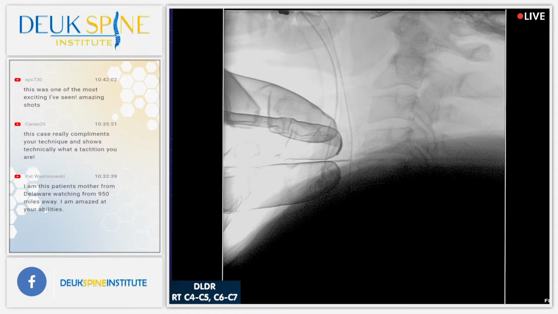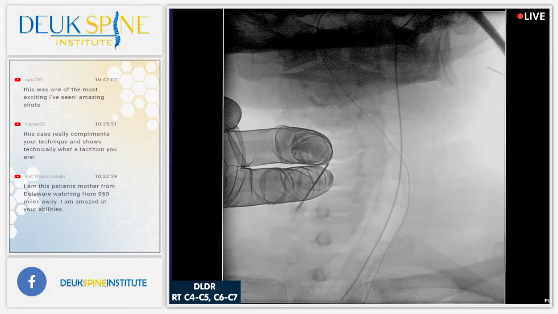Shot. Let's get an AP. Shot. Let's just make sure we're in the middle. Yeah, I want to make sure I'm midline. I think I am. 2, 3, 4, 5. So it looks good on the lateral view.